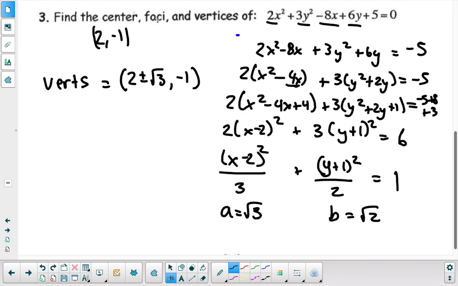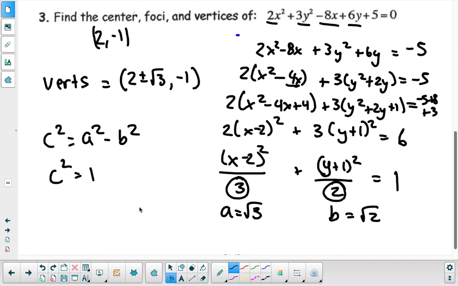Next, our foci. So c squared is equal to a squared minus b squared, which is just taking these two numbers and subtracting. Right? This is a squared, this is b squared. So c squared is 3 minus 2, or 1. So c is 1. This is the distance away from the center, again along the major axis. So moving horizontally.